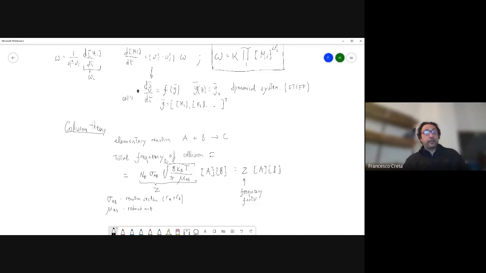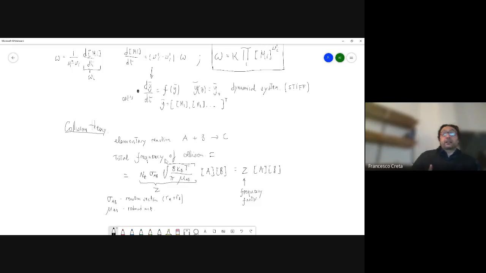Now, think about it. Is this now our expression of the rate of reaction? Well, it's very similar. I mean, look at this, omega. You have some constant, and then you have a product of these concentrations here.